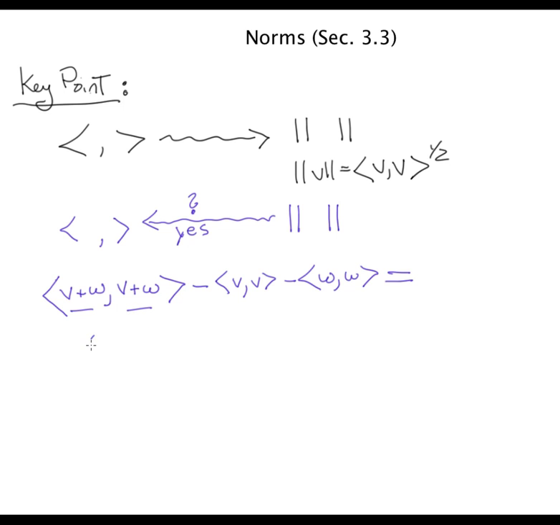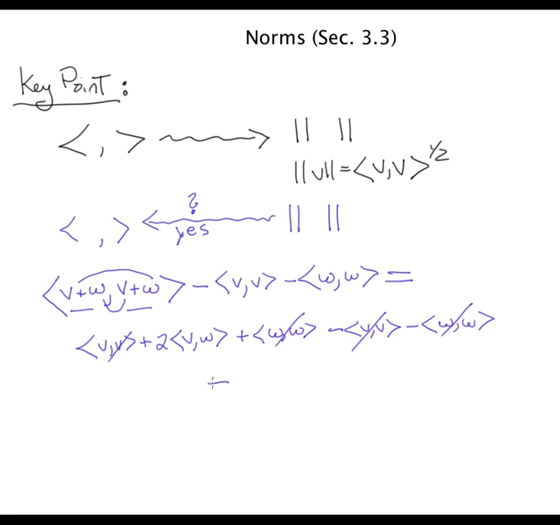You get VV plus the cross terms VW and WV, and by symmetry that's 2 VW. And then the W term is plus WW. And then you're subtracting off the VV and subtracting off the WW. So this goes away and this goes away, and what you wind up with is 2 VW.